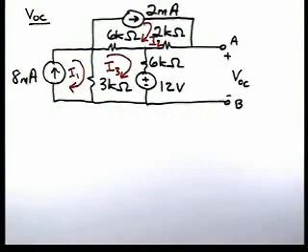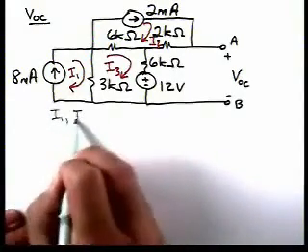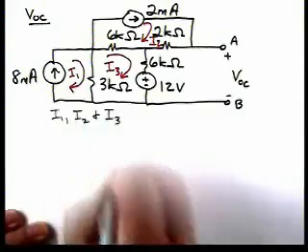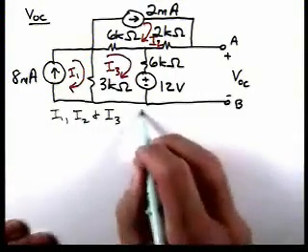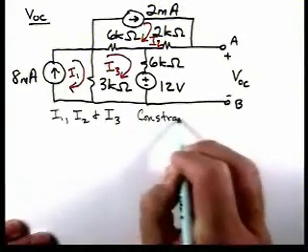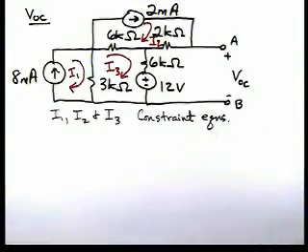So we have 3 mesh currents, I1, I2, and I3. We have 2 current sources, so we're going to have 2 constraint equations, which leaves us only 1 unknown mesh current.